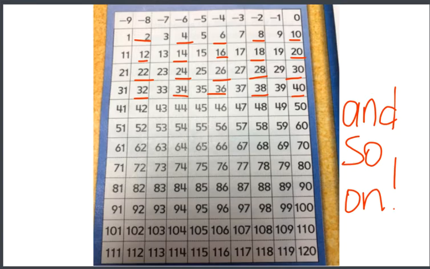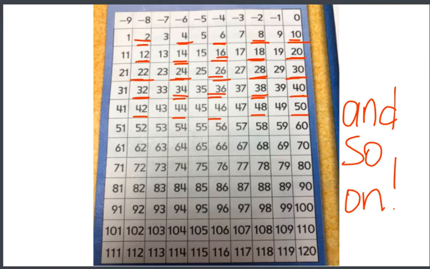And I did that in red. 2, 4, 6, 8, 10, 12, 14, 16, 18, 20, 22, 24, 26, 28, 30, 32, 34, 36, 38, 40, 42, 44, 46, 48, 50, and so on. I wonder if you notice that pattern.